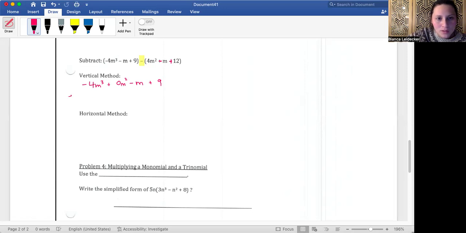So now when I add the opposite, I'm going to make this negative 4m to the second, negative m, and positive 12. Everything else stays the same.